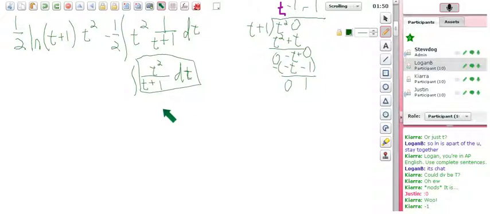We couldn't have left it at t squared over t plus 1. Well, we could if you could tell me how to find the integral of that. Oh, well, I can't. But we're going to use the long division results to make taking this integral not too difficult.